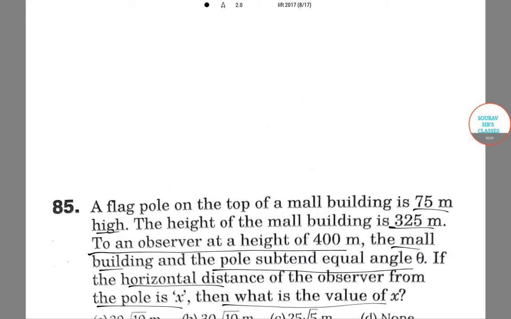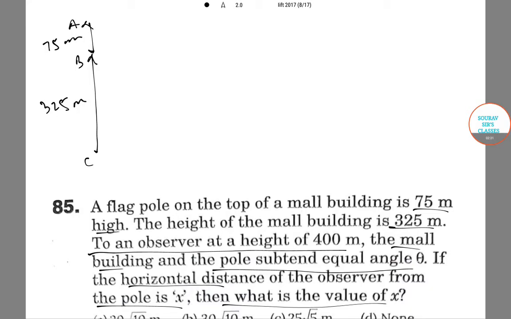So, let BC be the mall building and AB the pole. So this is 75 meters and this is 325 meters.